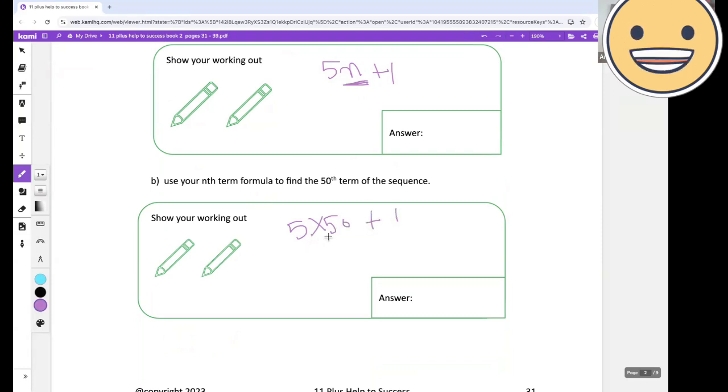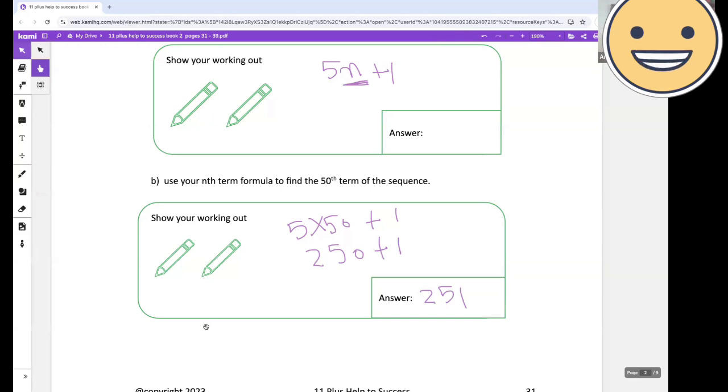So what do you have? This 5 multiplied by 50, you guys know, is 250. And you're adding just 1 to get your answer. That will be 251. Got it? So this is the way you will be replacing when they ask you the n-term of any sequence.